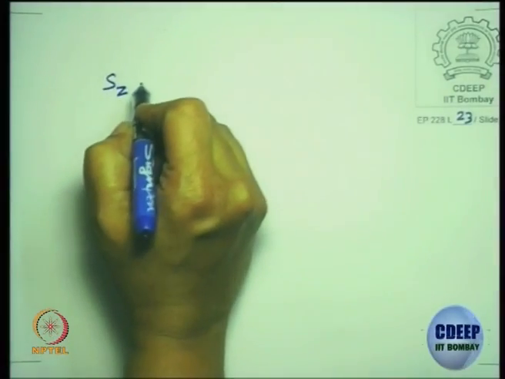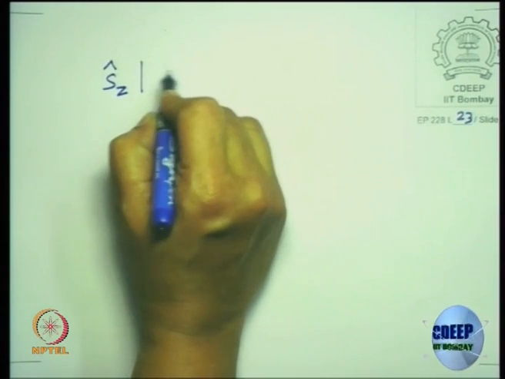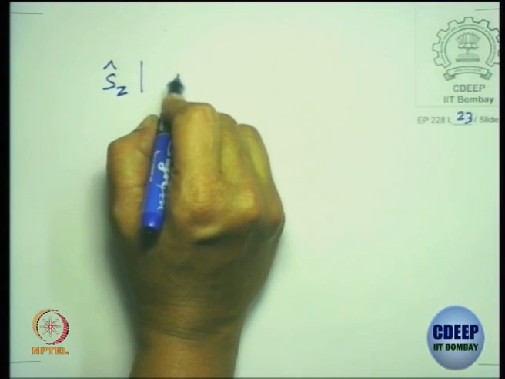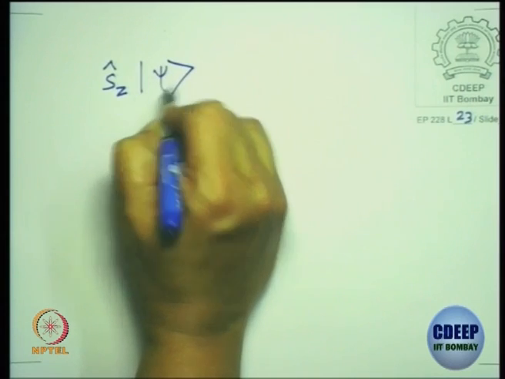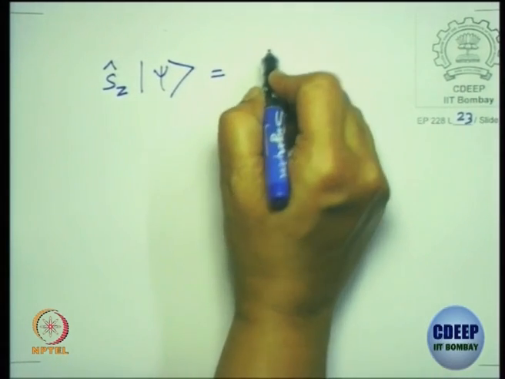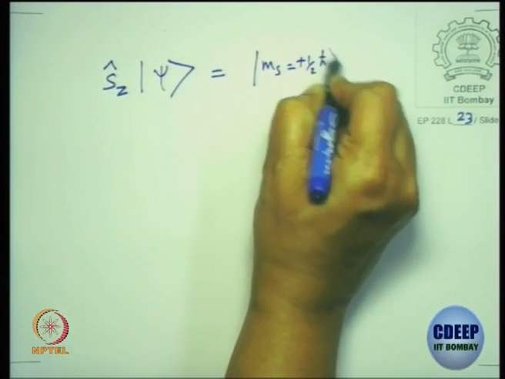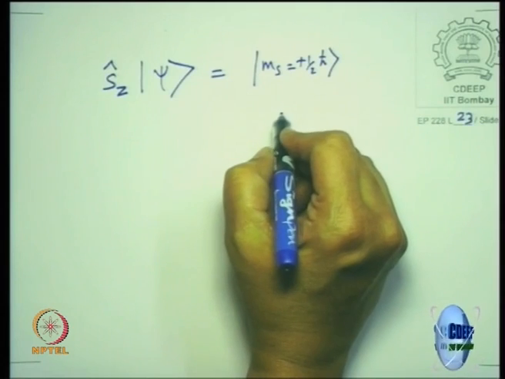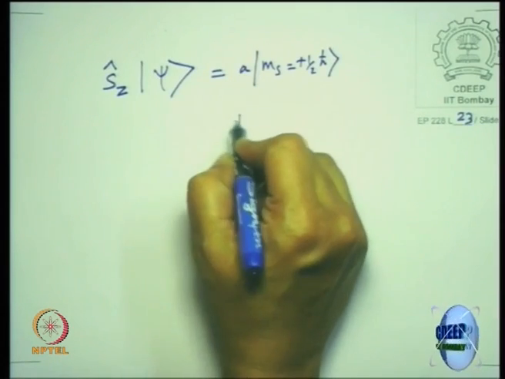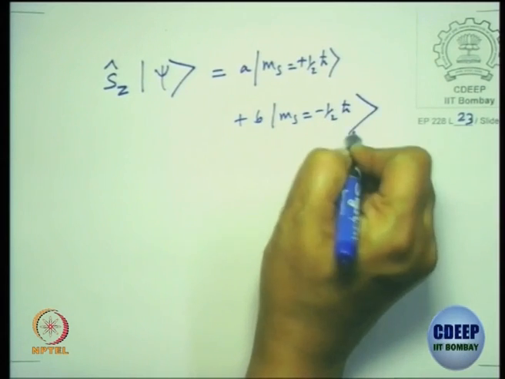If you make the Sz operator act on any arbitrary state, it gave you a linear combination of Ms equal to plus half h cross plus Ms equal to minus half h cross, right?